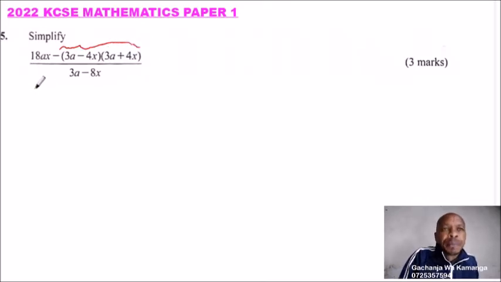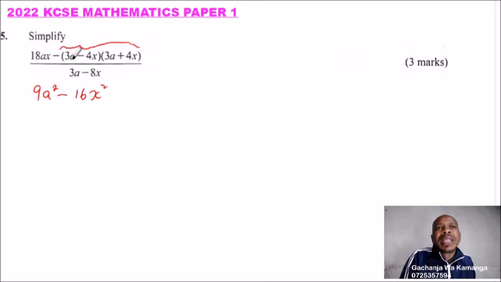So you multiply 3a multiplied by 3a, that will give us 9a squared. 3a multiplied by 4x, that will be 12ax, and we have minus 4x times 3a, that will be minus 12ax, so that will be 0. Then minus 4x multiplied by 4x will give us minus 16x squared.